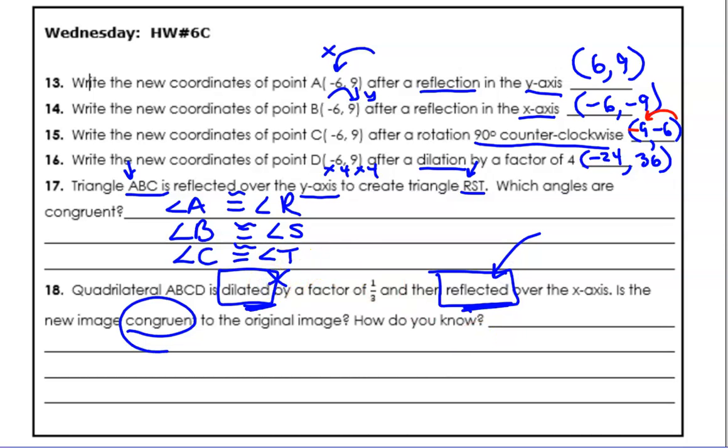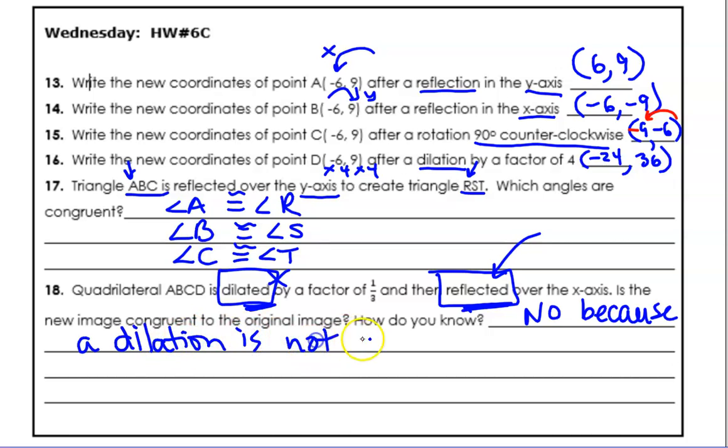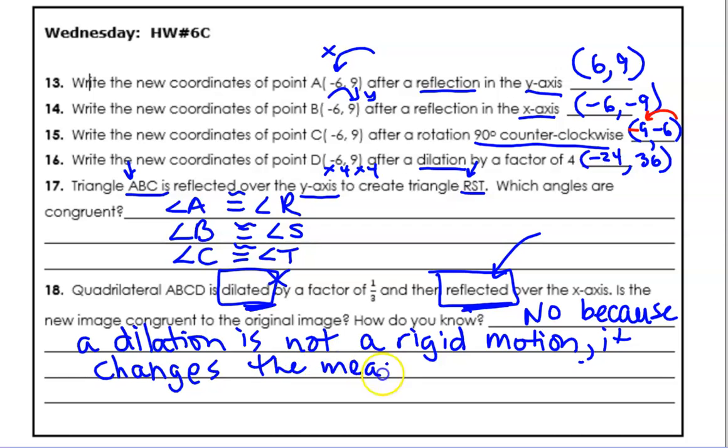So when it asks me if my new image is congruent to the original image, I say no. Because a dilation is not a rigid motion. It changes the side lengths, or it changes the measure of the side lengths.